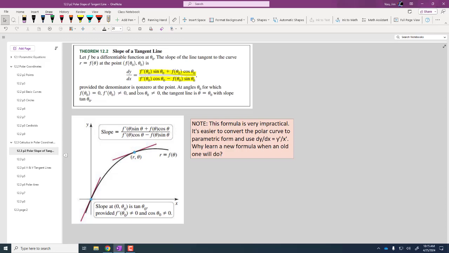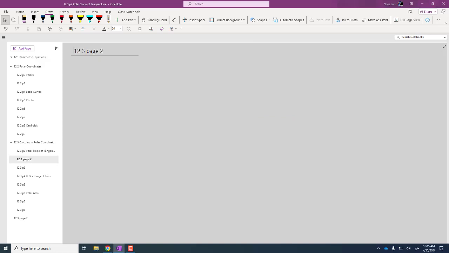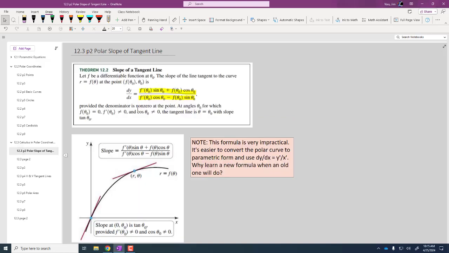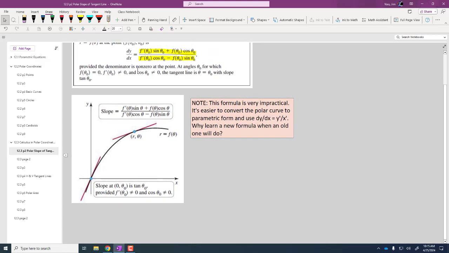But one thing that you can see from this formula that's at least interesting is this.